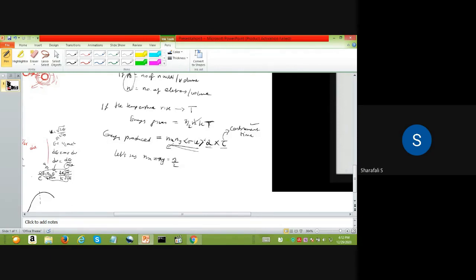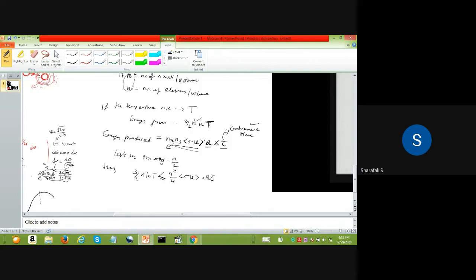So the beneficial nuclear fusion condition is that 3 by 2 nkT, the energy provided, must be less than or equal to, if you put nx and ny equal here, n square by 4 times the average value of sigma v times q times tau. So this is the condition.